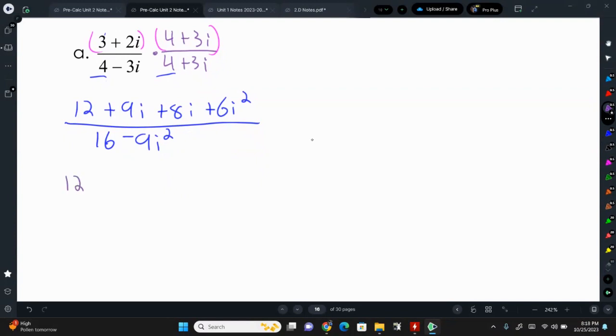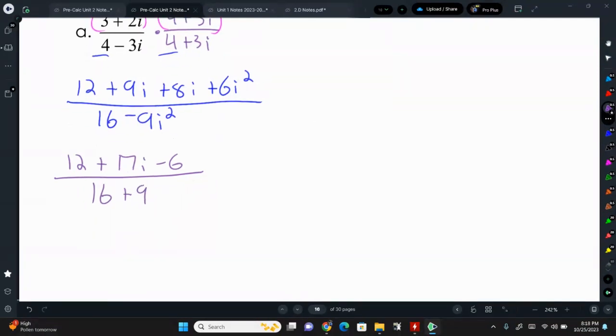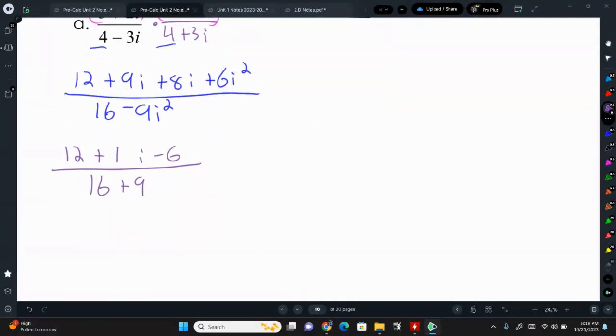So we have 12 plus 17i in the numerator plus 6 times -1, so this is going to be -6 over 16 plus 9. Make this a little bit neater.